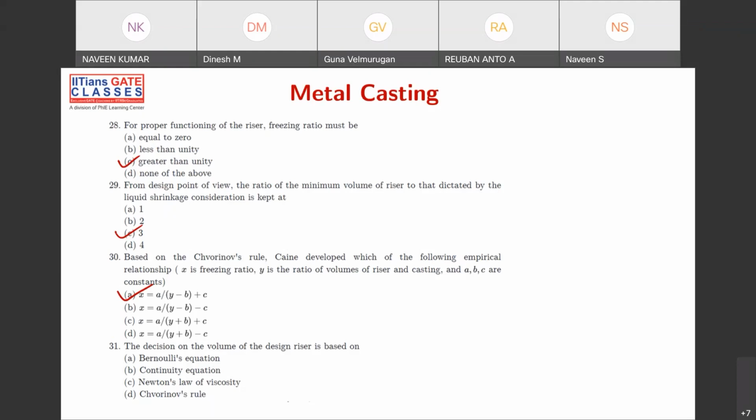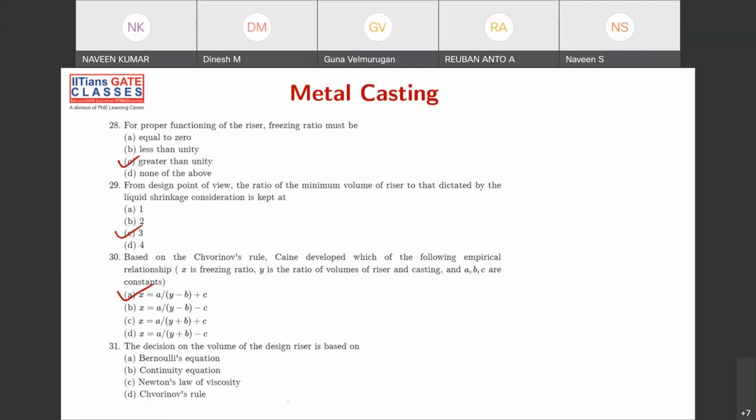Simply you can tell this answer, man. What is the rule that we are using? 31st. How is it A? Guna, come on. Did we use any Bernoulli's equation while designing the riser? Naveen, did we use Bernoulli's equation during the riser?